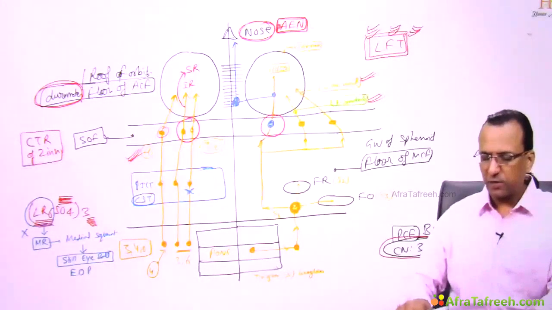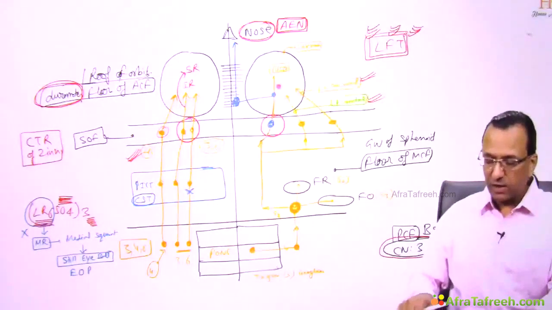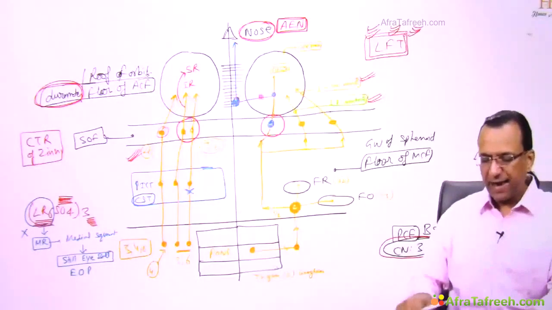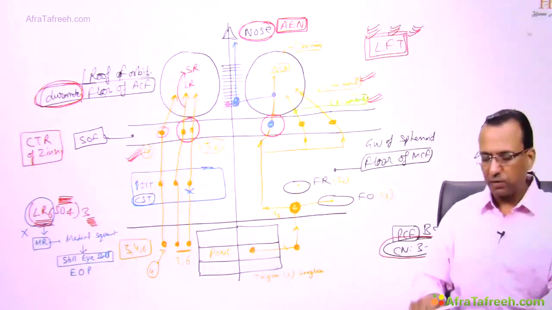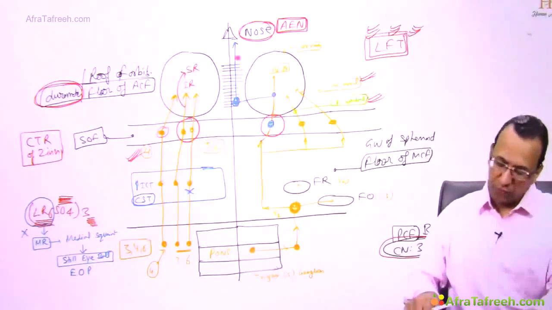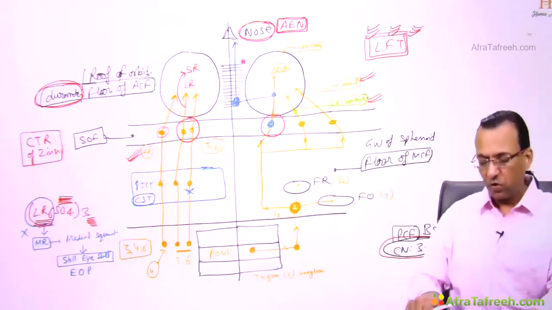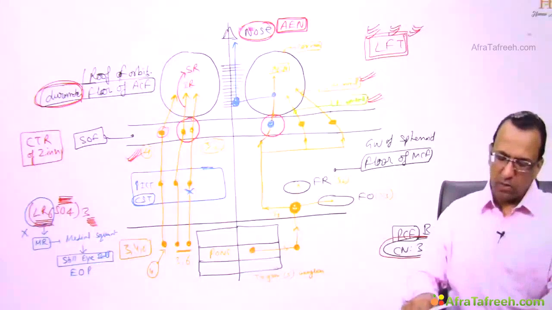It was given in the orbit by the nasociliary nerve. And how does it exit the orbit? Passing through the ethmoidal foramen, it will come to the floor of the anterior cranial fossa, supply the dura mater there, and then go into the nose, supplying the nose inside and outside.